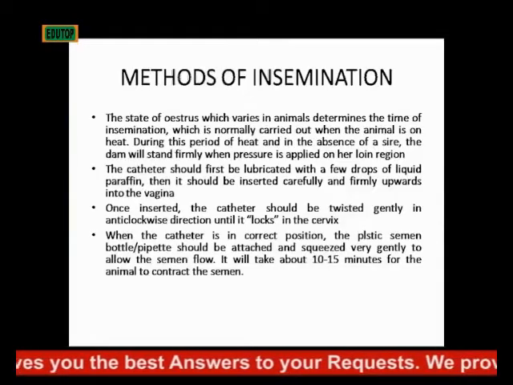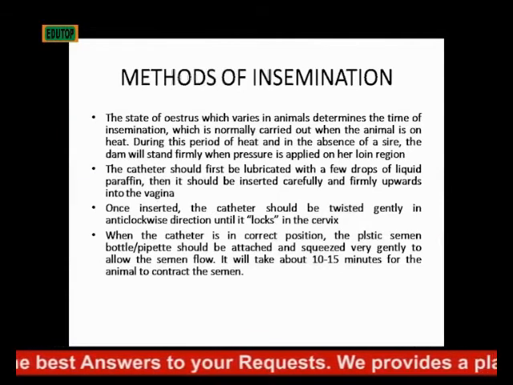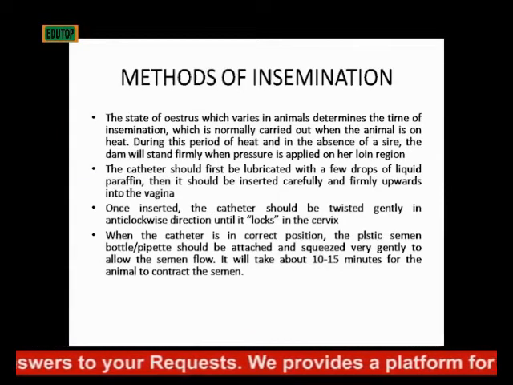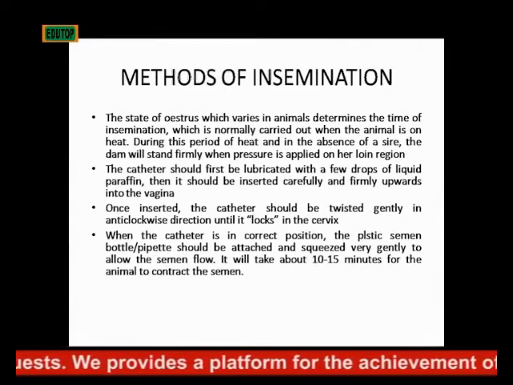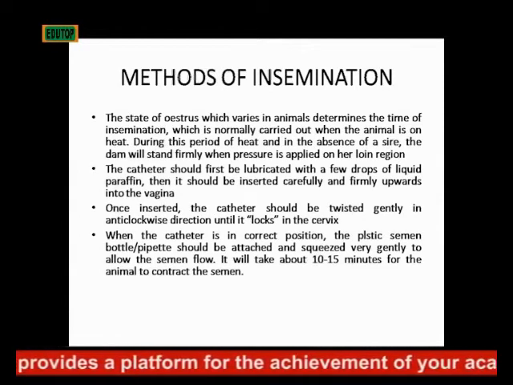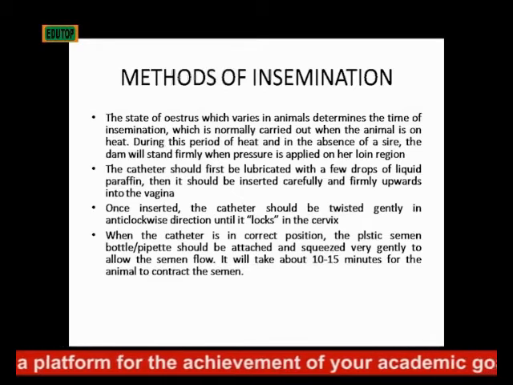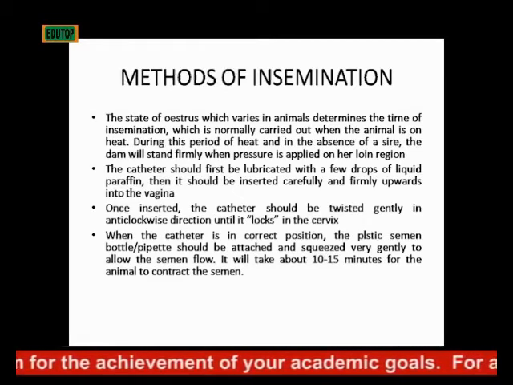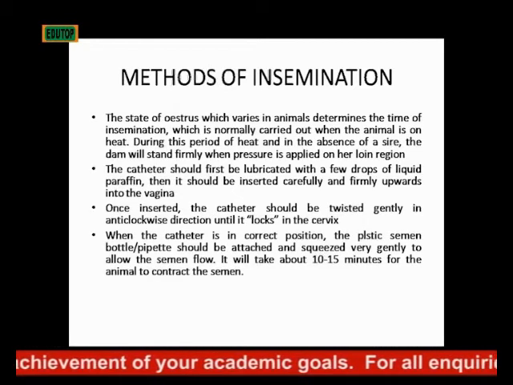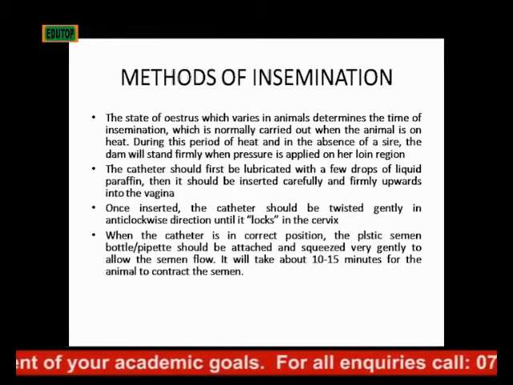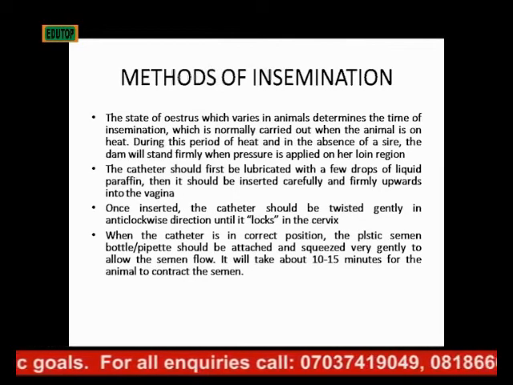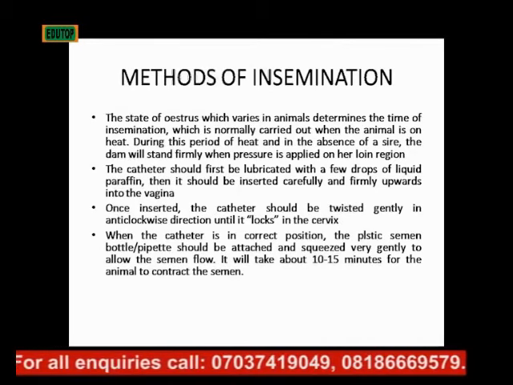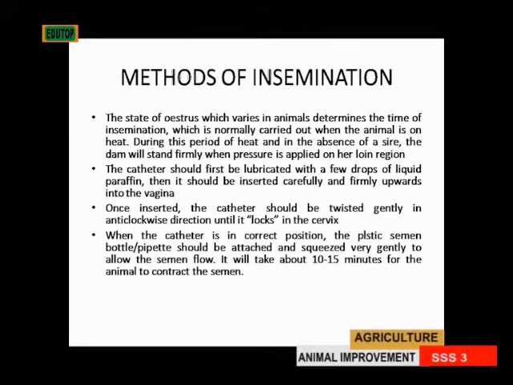Now, the methods of insemination. The state of the oestrus varies in animals, and that determines the time of insemination. So the oestrus cycle of the animal varies, and that determines when you will inseminate the animal. Insemination is carried out when the animal is on heat.